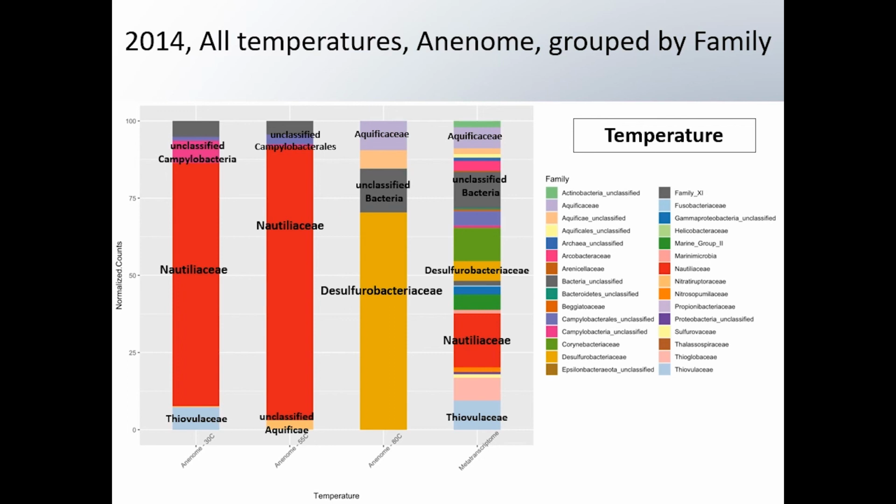I did not show it by genus this time since the metatranscriptome becomes even harder to distinguish. At 30 and 55 degrees C, members of the family Nataliaceae dominate, whereas they are absent at 80 C. At 80 C, we see members of the Deciplherobacteriaceae and Aquificaceae families.